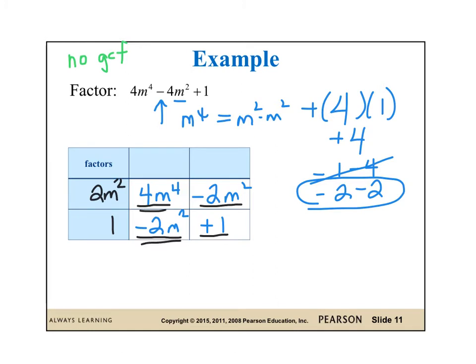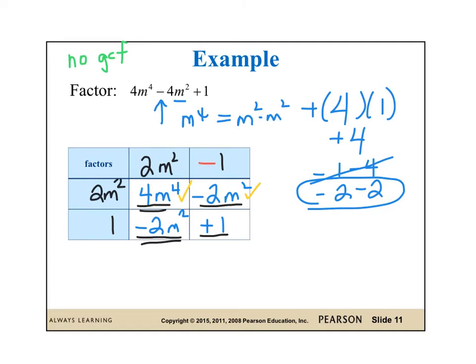4m squared and -2m squared, well, it has a 2 and m squared in common. And again, -2m squared and 1 has nothing in common but 1. So we do our sign check. 2 times 2 is 4, and m squared times m squared is m to the fourth. 2m squared times 1 will give us -2m squared only if the 1 is negative.